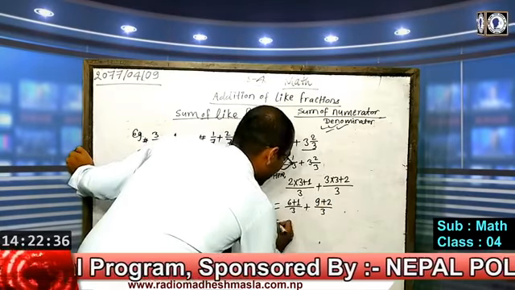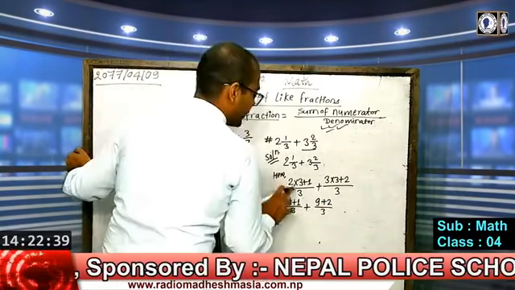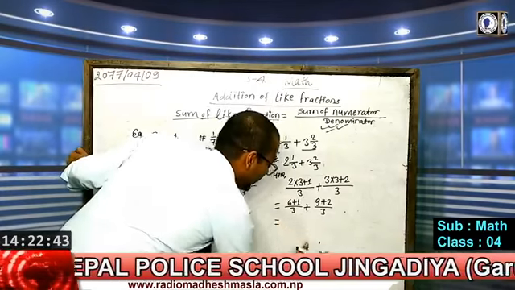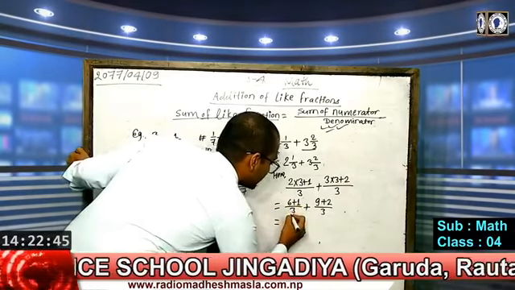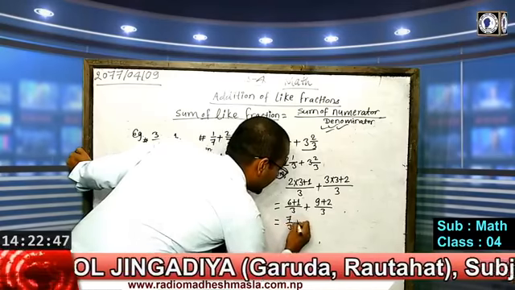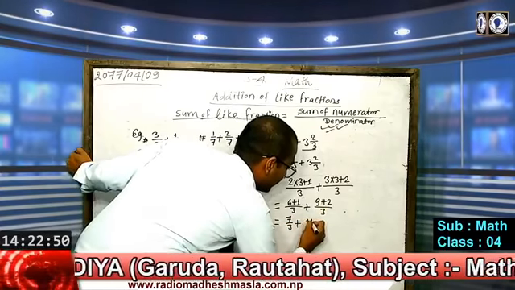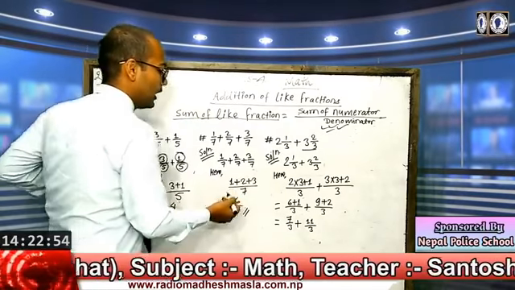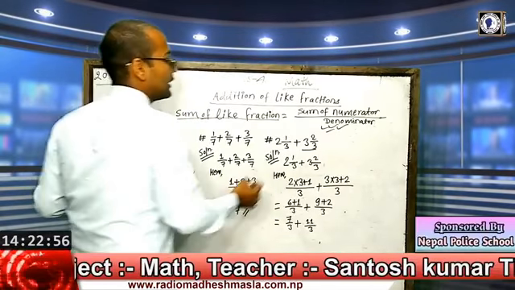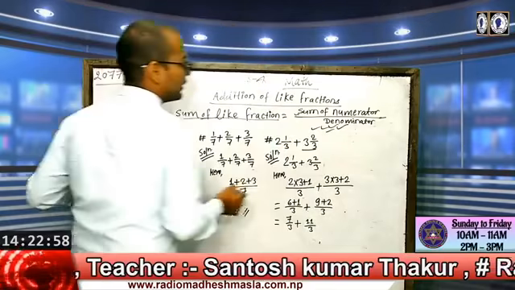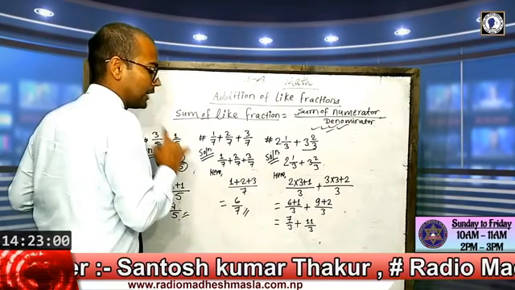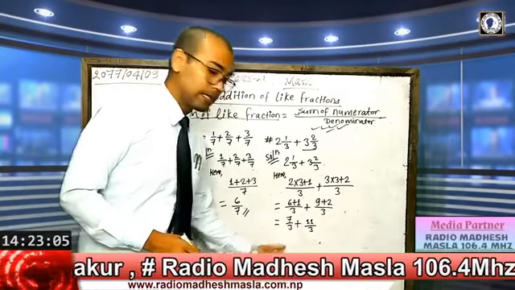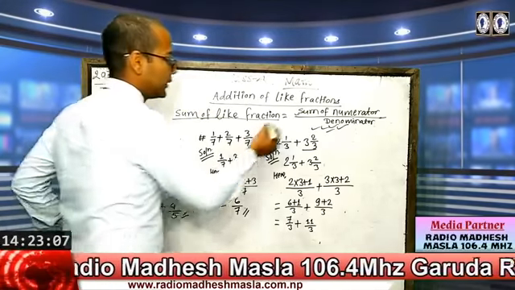Now we are converting mixed number into improper fraction, so don't be confused. Then we can add these numbers: 7 by 3 plus 11 by 3. Students, we use the same rule of addition, that is, sum of numerator by denominator. As we can find here, both fractions are like fractions, so we can use the same rule.